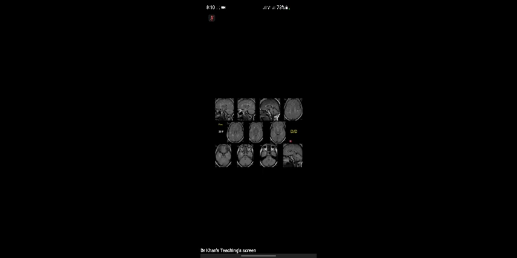So I think my first diagnosis would be multiple sclerosis, given the distribution, because I can see septocallosal changes, Dawson's fingers, subcortical white matter changes.